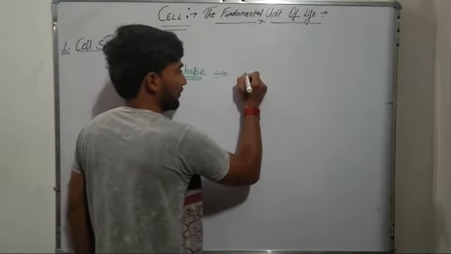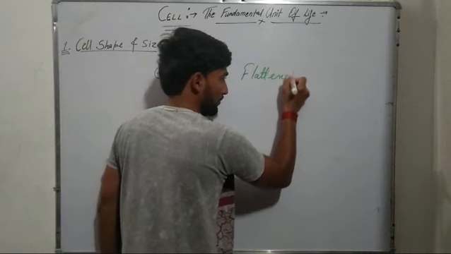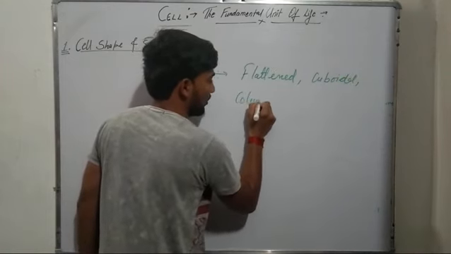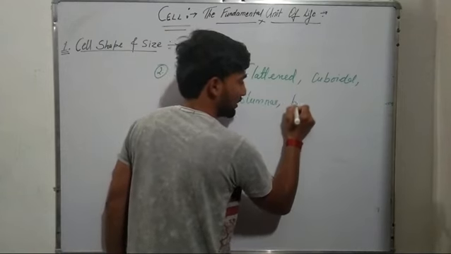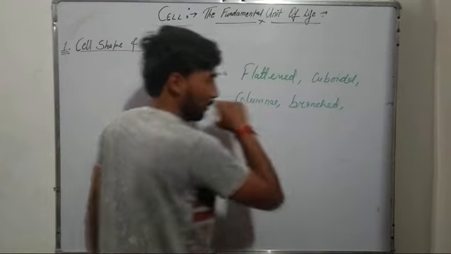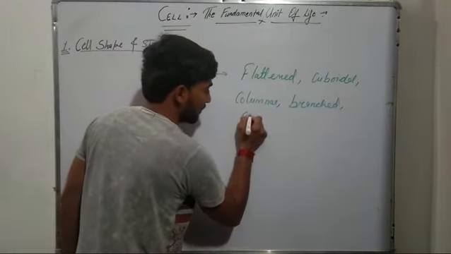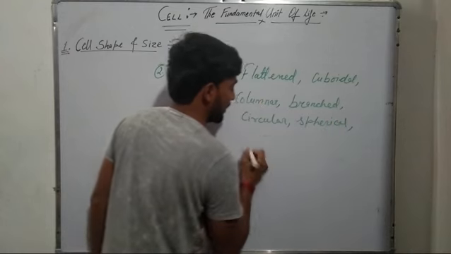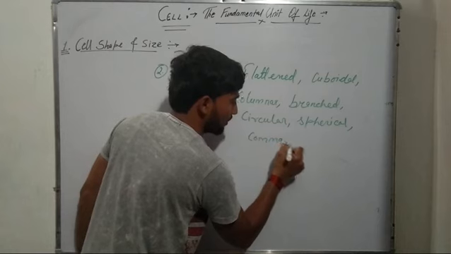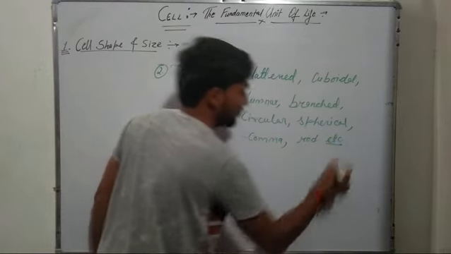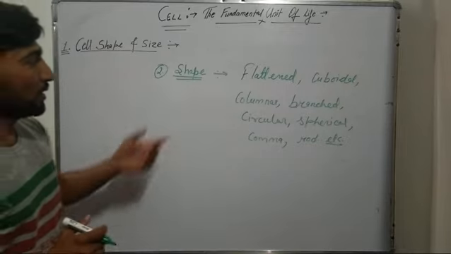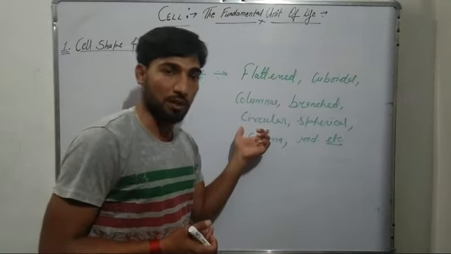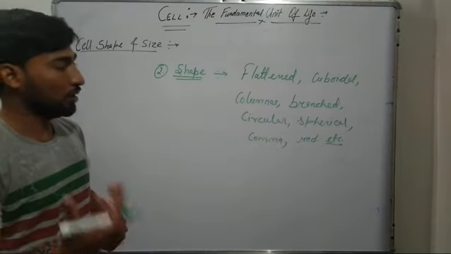They can be flattened, cuboidal, columnar, branched, circular, spherical, comma shaped, or rod shaped, etc. So on the basis of their presence and location, these cells are of different shapes.